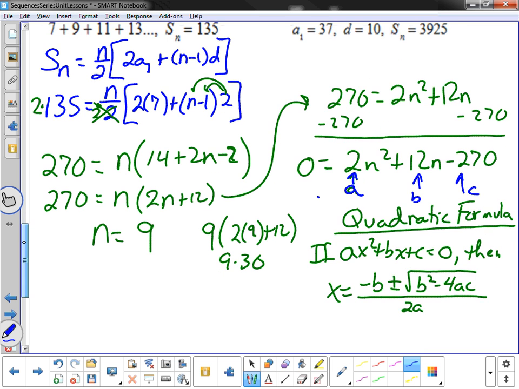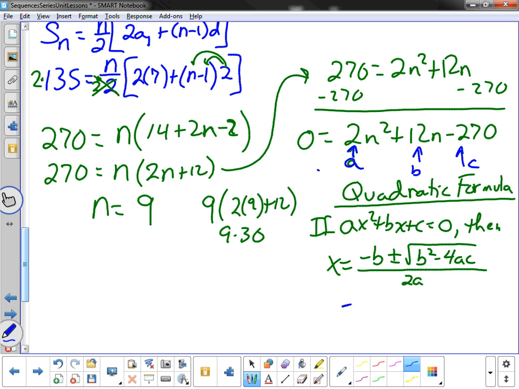So if I plug those numbers into that formula, I would say it's a negative 12 plus or minus the square root of 12 squared minus 4 times 2 times the negative 270, all over 2 times 2.